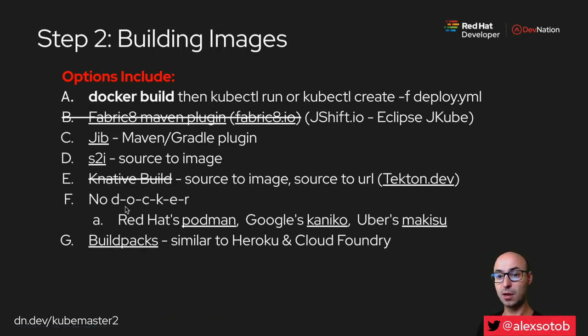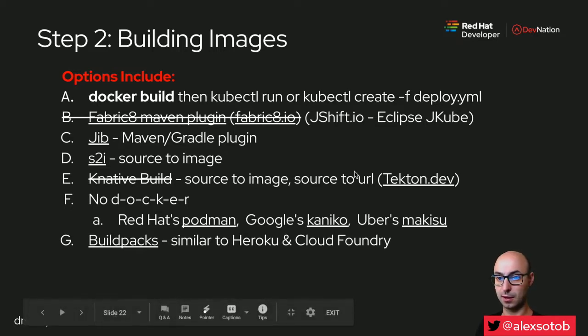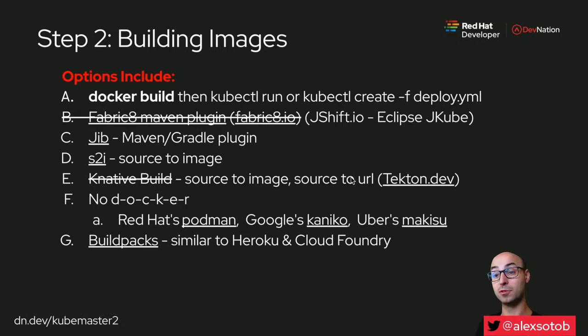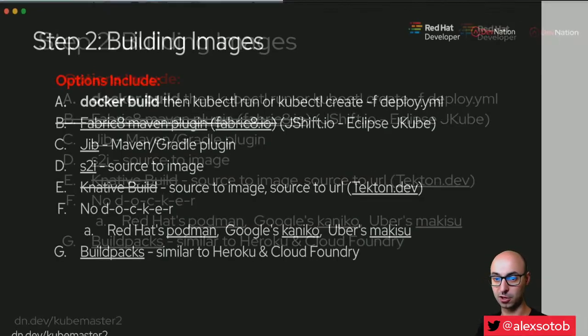Also, there is Podman, Kaniko, Makisu. All these technologies are not using Docker to create the Docker images, and that's perfect when you are inside a Docker environment. So if you want to create a Docker image without having Docker installed or running inside Docker, then you need to use any of these technologies.